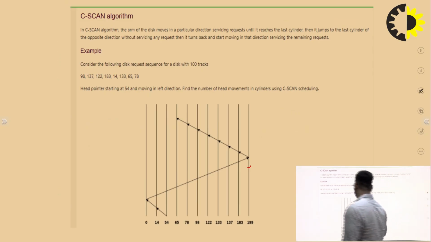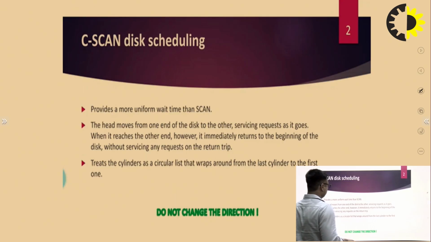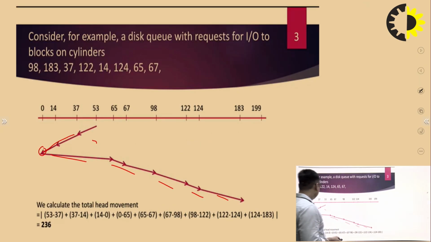In C-SCAN, circular scan, in case of SCAN, whichever direction, backward or forward, you move to the last position, but you do not move to the initial position on the other side, you just enter the given tracks.